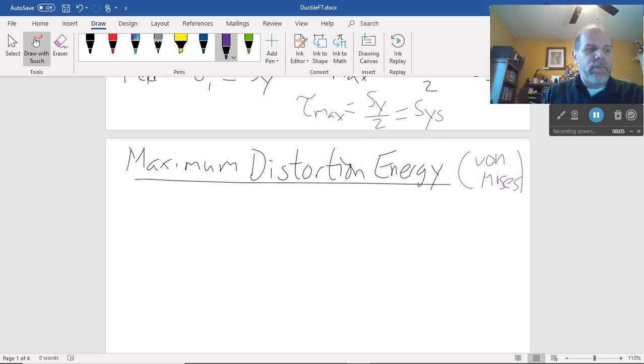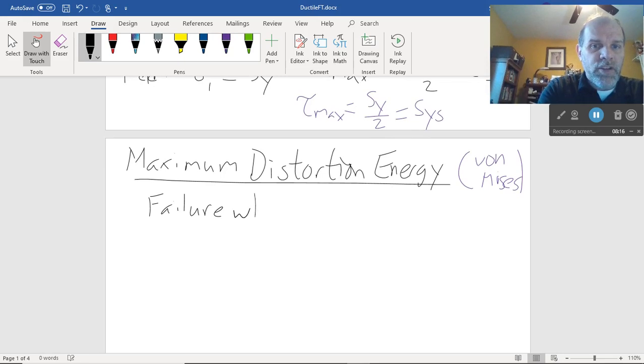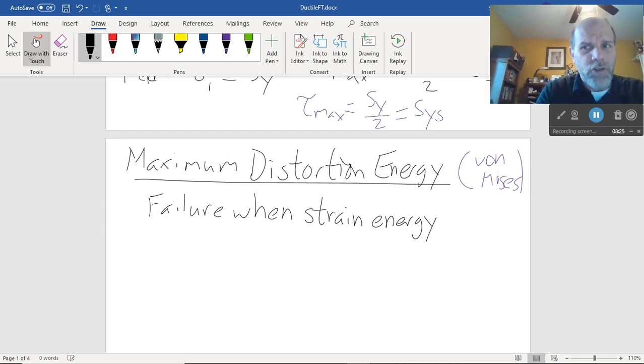What this says, okay, this is based on, go figure, energy, okay? And the failure occurs in this theory, I'll just say failure when the strain energy, more on strain energy in a minute, okay, causing distortion. Hey, I see a distortion in energy in the first sentence. Maybe that's why they called it distortion energy theory, right?